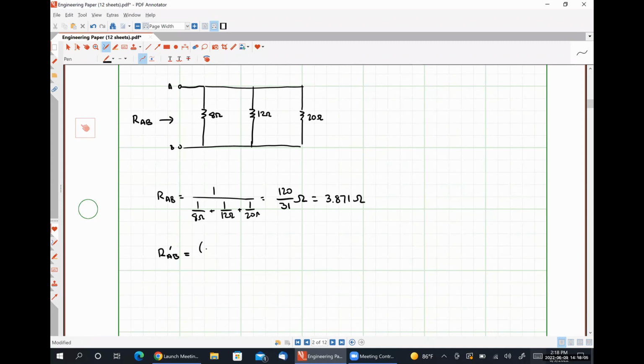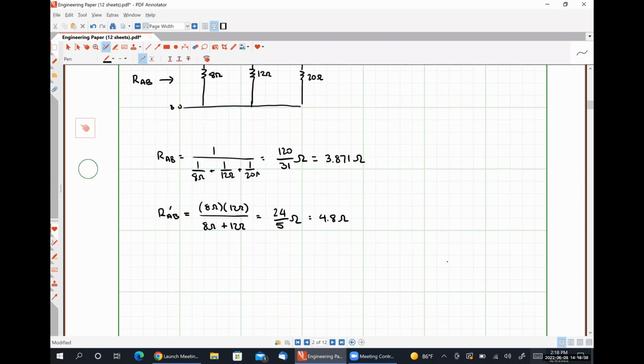So that's going to look like 8 ohms times 12 ohms over 8 ohms plus 12 ohms, which comes out to be 24 over 5 ohms, or 4.8 ohms.